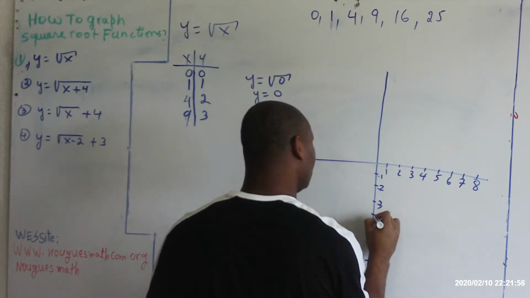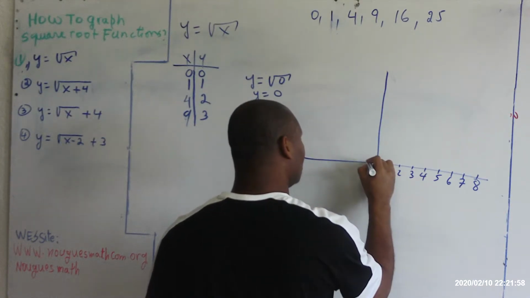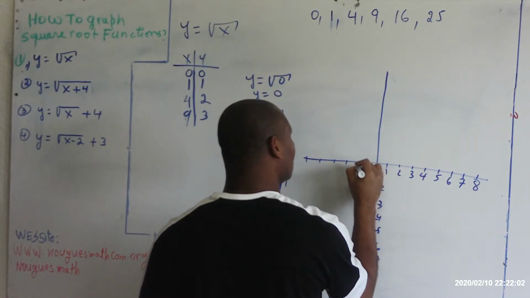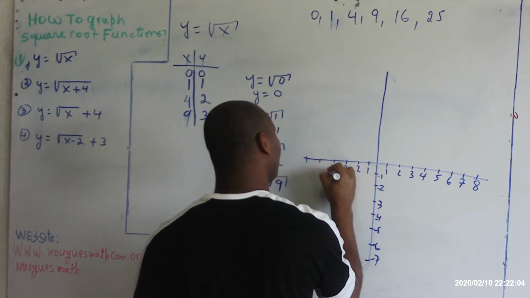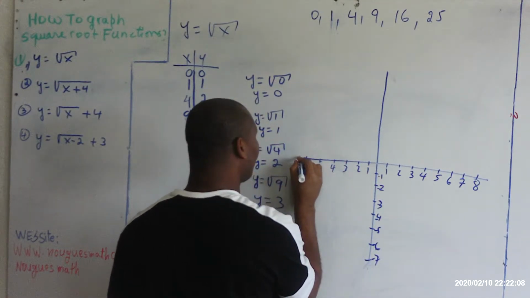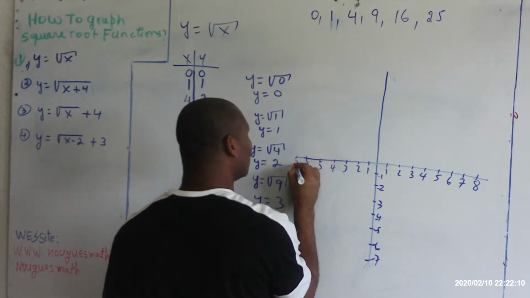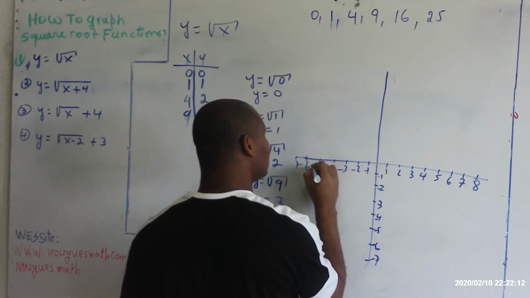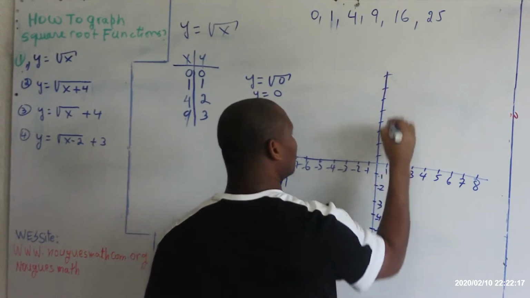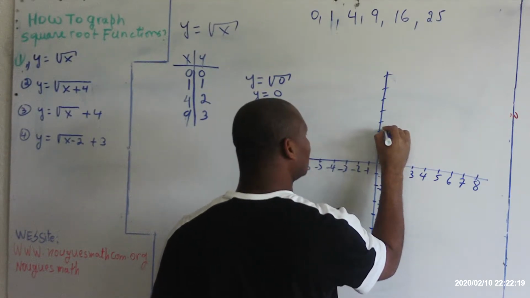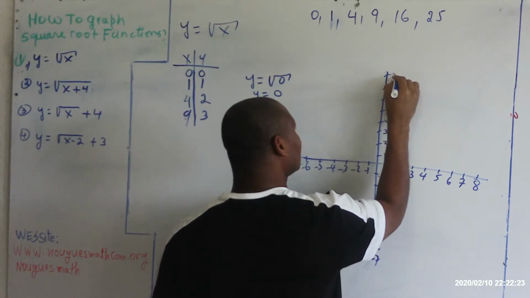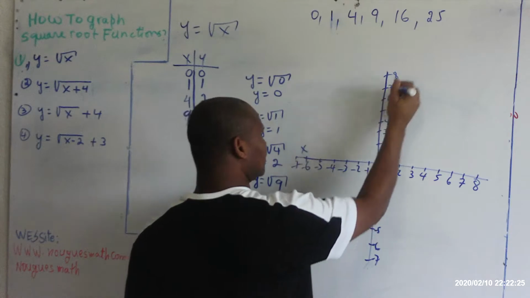Those are the negative numbers. 1, 2, 3, 4, 5, 6, 7. Those are the negative numbers. 1, 2, 3, 4, 5, 6, 7, 8. That's x, that's y.